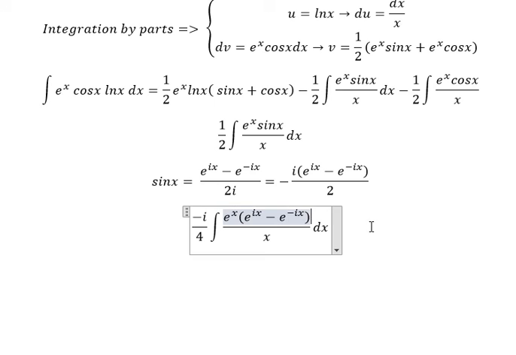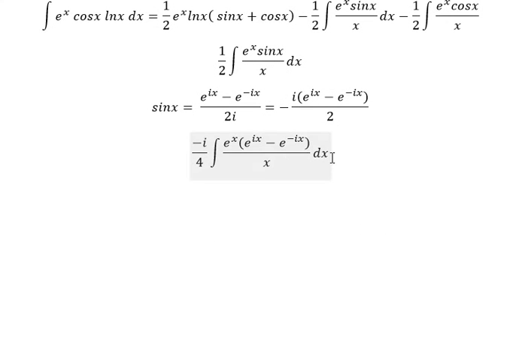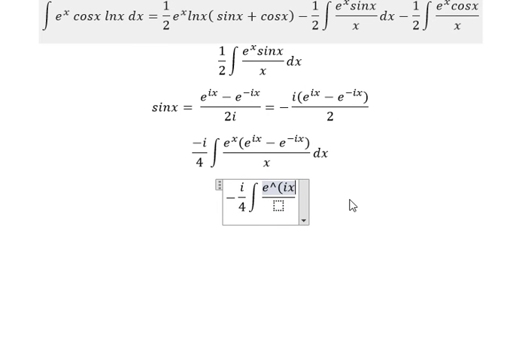So now we have two integrals in here. That should be negative i over 4, and we have the integral of e to the power of (i plus 1)s over s.